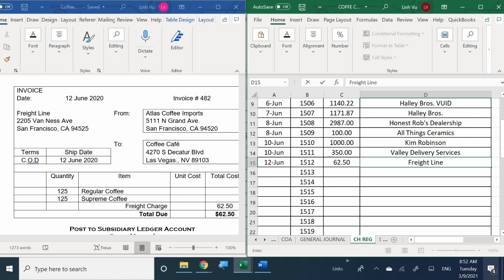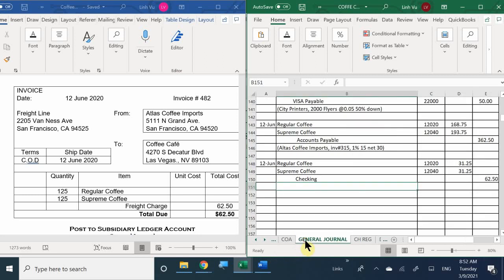Okay, so this is a Californian company. Yep, a San Francisco company. All right. So now we have check number 1512 here. Let's go into my general journal and fill in the rest of the information.